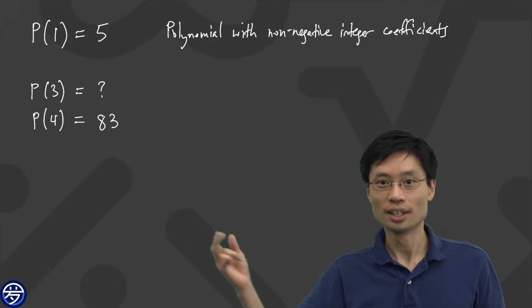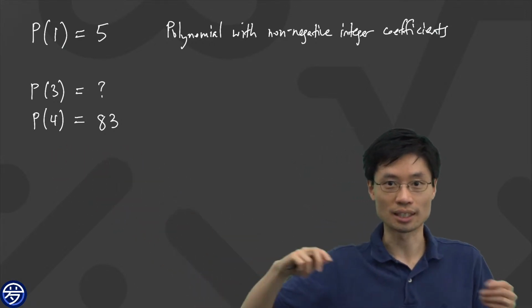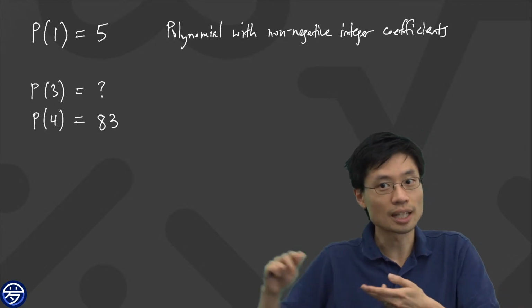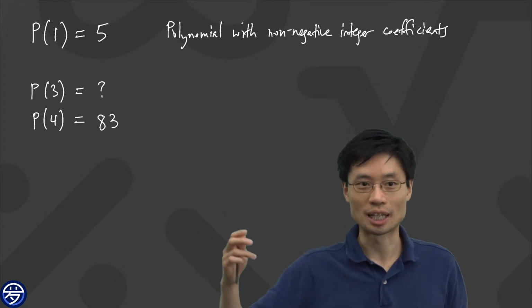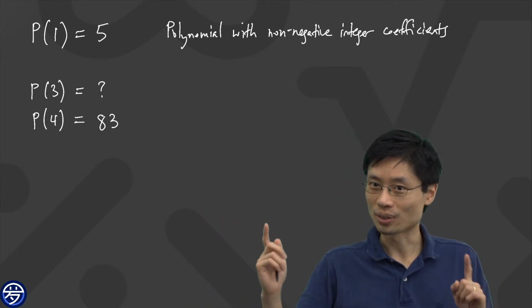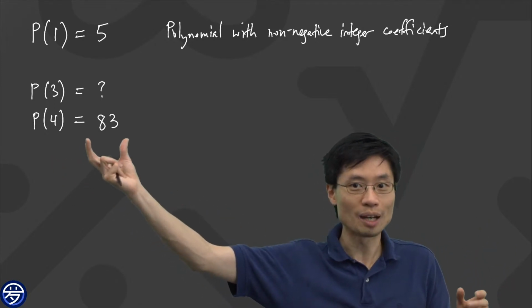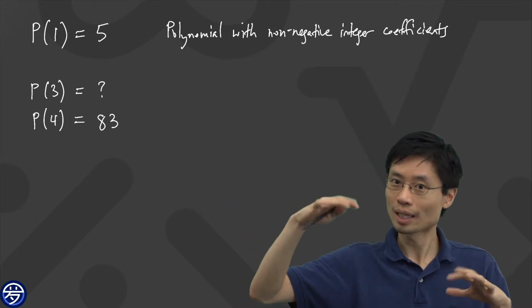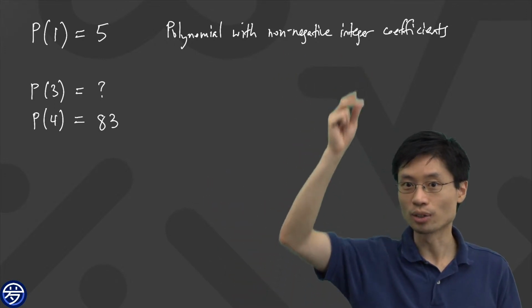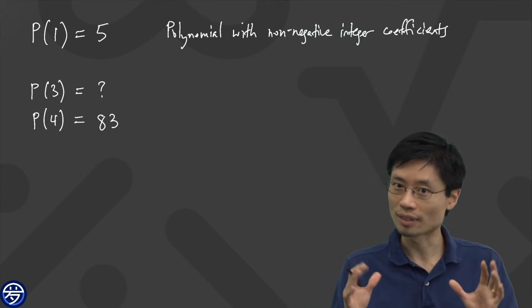In particular, if I have a P of 4, a polynomial is like something plus something times 4, plus something times 4 squared, plus something times 4 cubed. And you can't have any more than that. It's nothing times 4 to the 4th because it blew up. It's too big. I only have 83 here, right? So the way I'm thinking of this is that if I want a polynomial with non-negative integer coefficients, I already know that I don't have that many options.